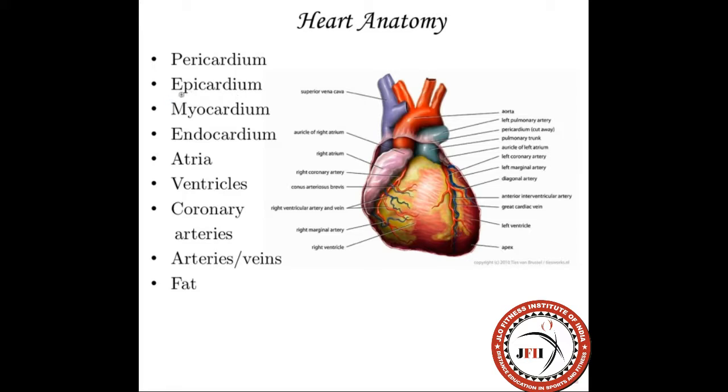The epicardium, remember epi means superficial when we're talking about organs on the outside. The epicardium is the actual surface of the heart, very thin in terms of the rest of the layers. When we go deeper, the myocardium, the thickest layer of the heart by far, is all that muscle, that cardiac muscle, very thick.